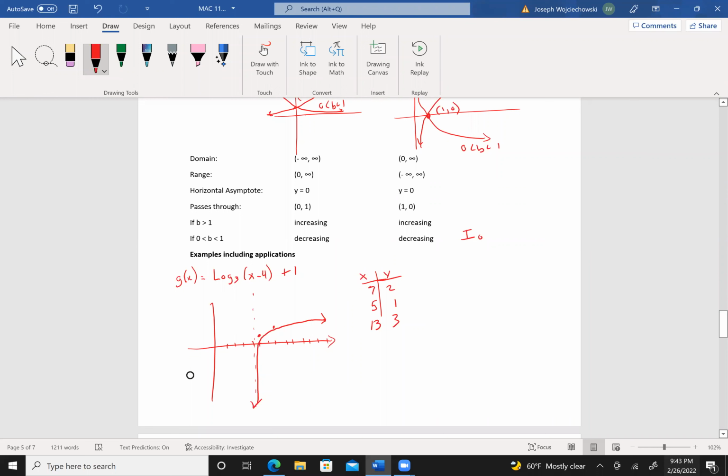The magnitude M of an earthquake of intensity I is given by M equals the log of I over I sub 0.